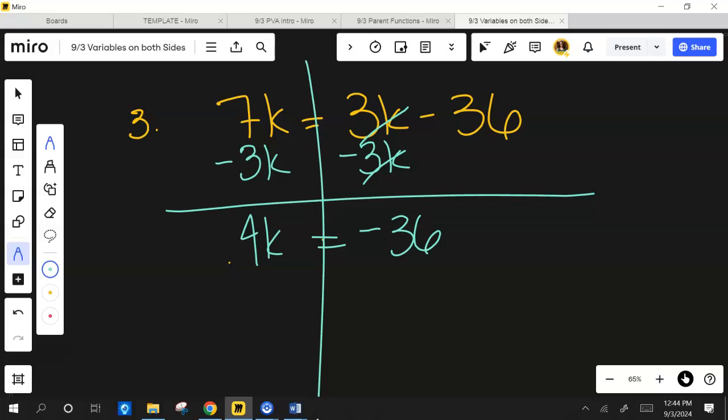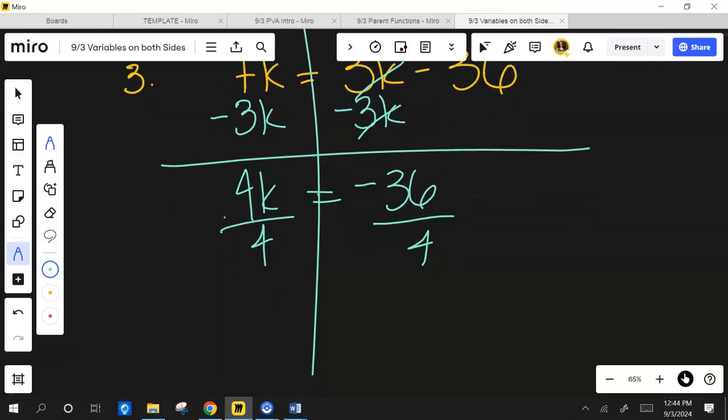There's only one thing left to do here. What is it? That's exactly right. Put a 4. So what are you doing when you put the 4 under there? Dividing. If I do it over here, I need to do it over here. What is negative 36 divided by 4? Negative 9. Oh, I'm sorry. I thought you already worked it and we were just going over it.